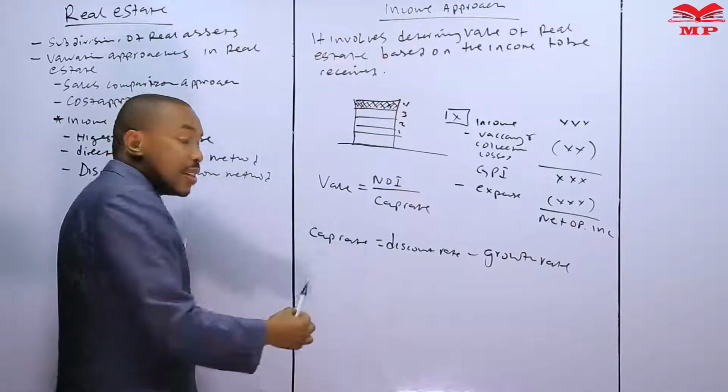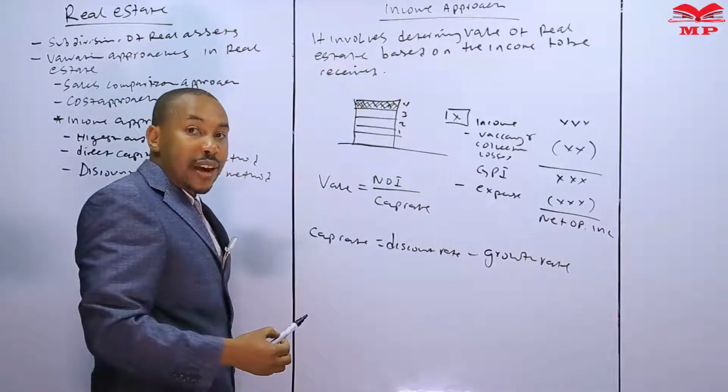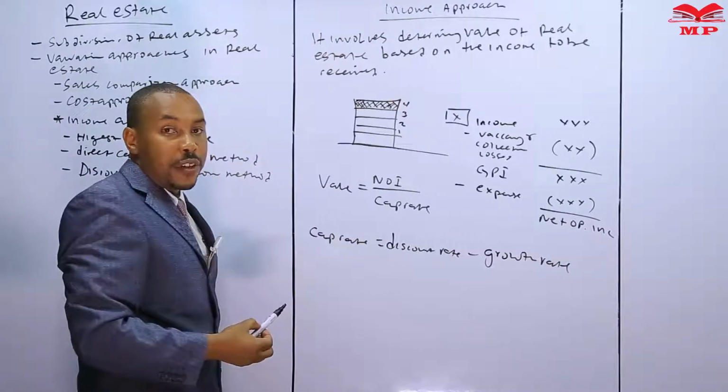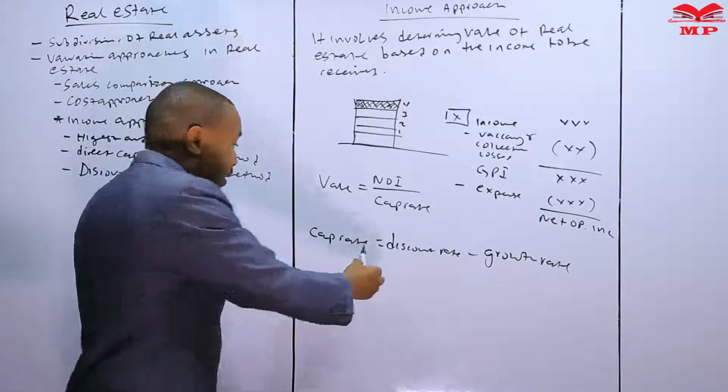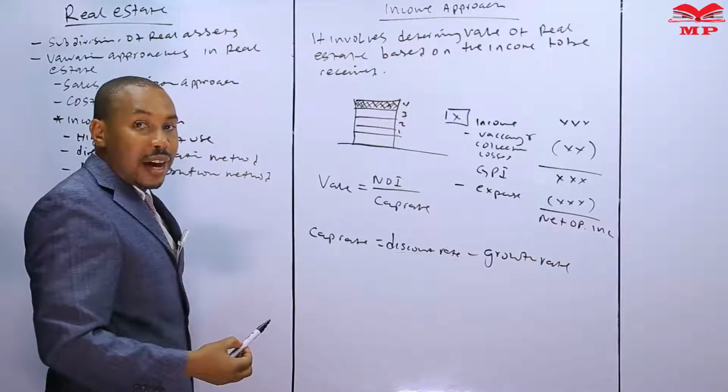The cap rate is a capitalization rate that is used to discount the first year net operating income so that we can get the value of the real estate. The discount rate is the rate of return.